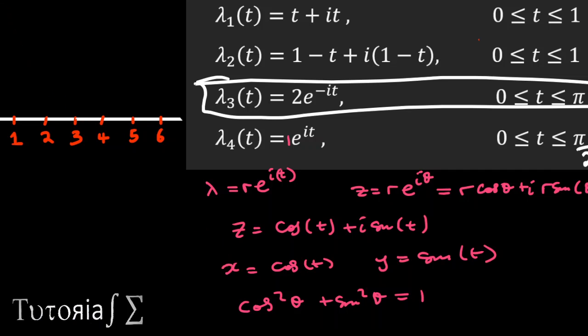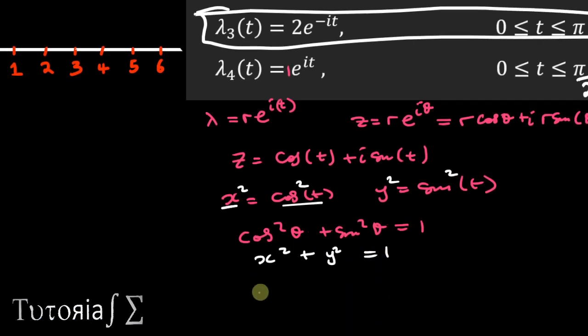If we square both sides, we'll see that x squared is cos squared, so we can replace it here. This will be x squared plus y squared, which is sine squared, so y squared equals 1. Then we can simply see that this is a circle with radius 1. We know that r squared will be equal to 1, and r will be equal to 1.